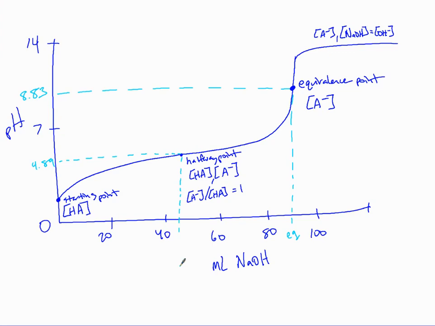And so you're going to have to use a pH probe, and you're going to get, I don't know, probably 100 data points, give or take. You'll make your graph, and then you'll use this information. Now, it's probably not going to ask you to label everything, but you will use these numbers.